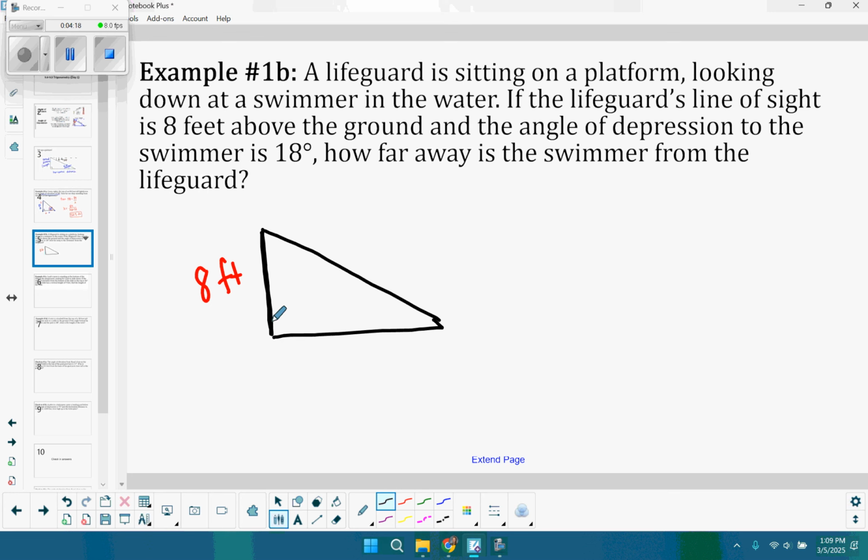We have an angle of depression of 18 degrees, which would be the same as an angle of elevation of 18 degrees. And if this is where the swimmer was, and this is where the lifeguard was, and I want to know how far away they are, we can find this distance.